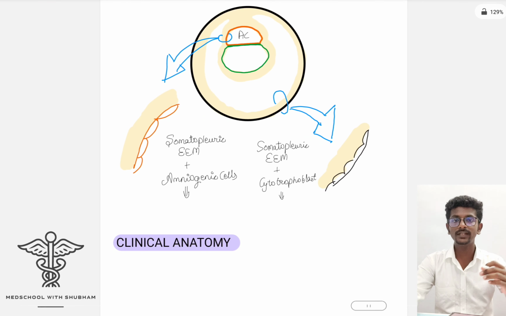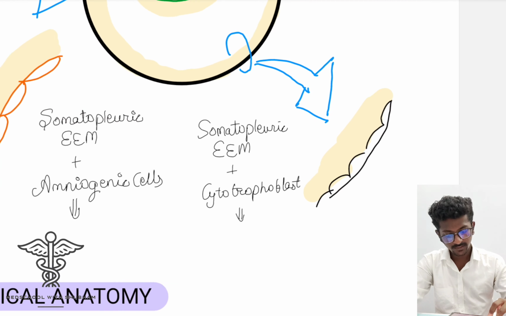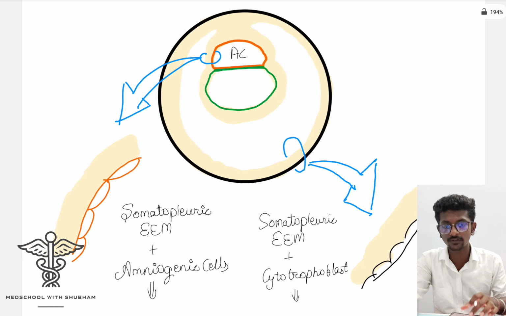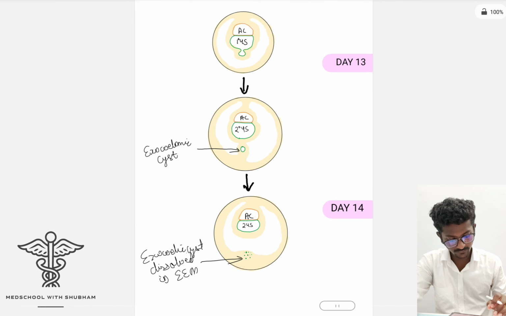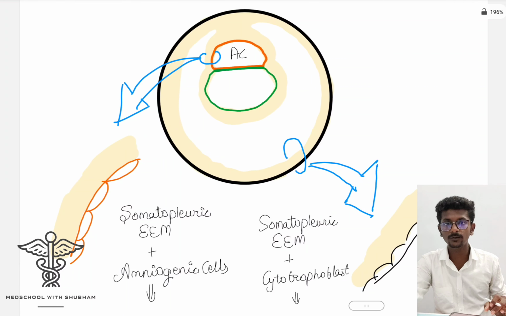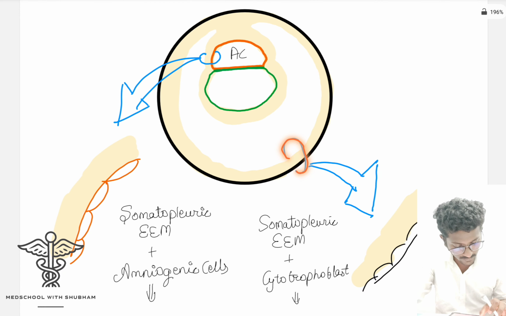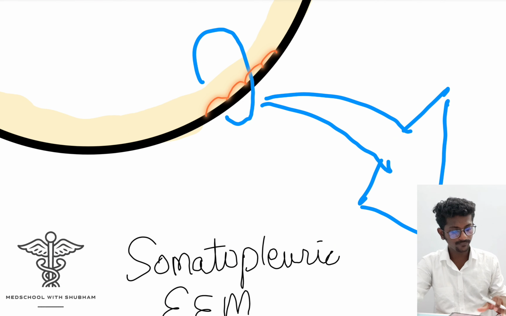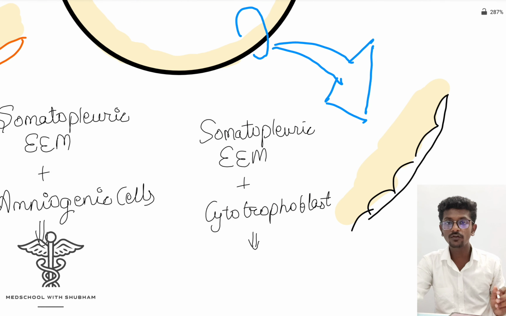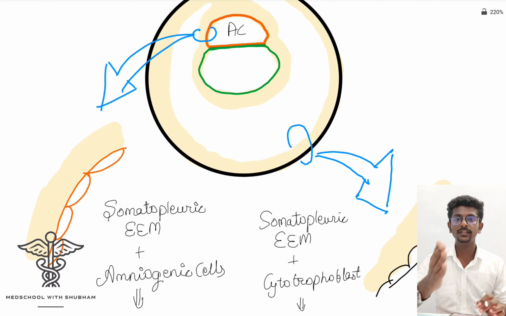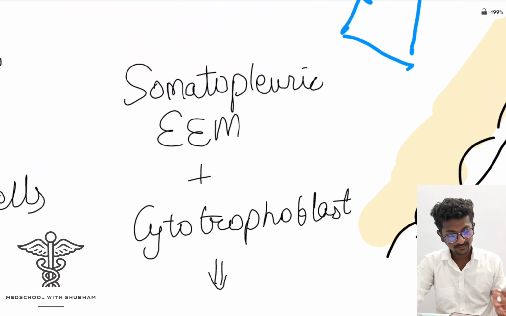Now, two important things we have to learn. Let me focus on this. This was the thing which we saw till here. Now we will take the same diagram over here and let's focus on these structures. I hope you know what this black color is. This is the cytotrophoblast, and this yellow one is the somatopleuric extraembryonic mesoderm.